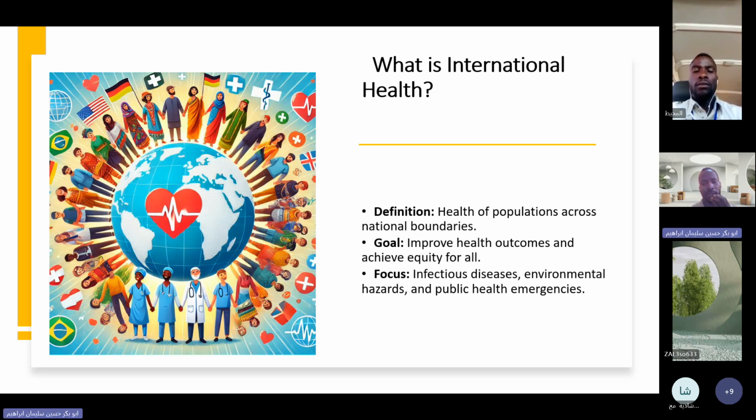Additionally, international health also focuses on public health emergencies. In the last two years, you saw how COVID-19 caused an emergency around the world.